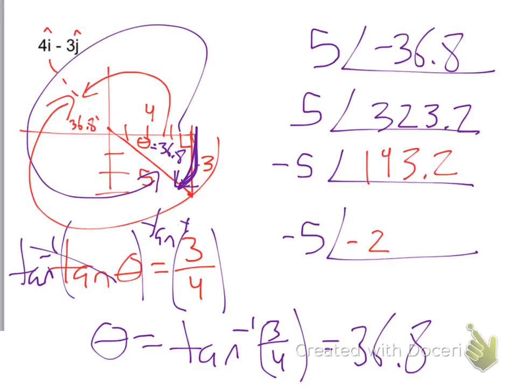I don't think it's going to be 170. How about 180 plus 36.8 is what? Oh no. What is it? So it ends up being negative 216.8 to get there. It's an 8.